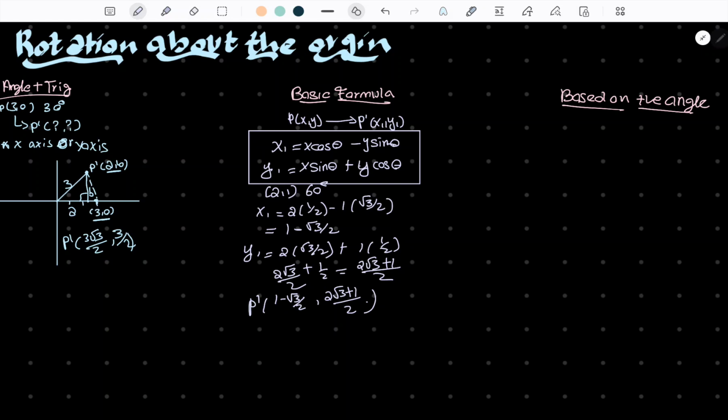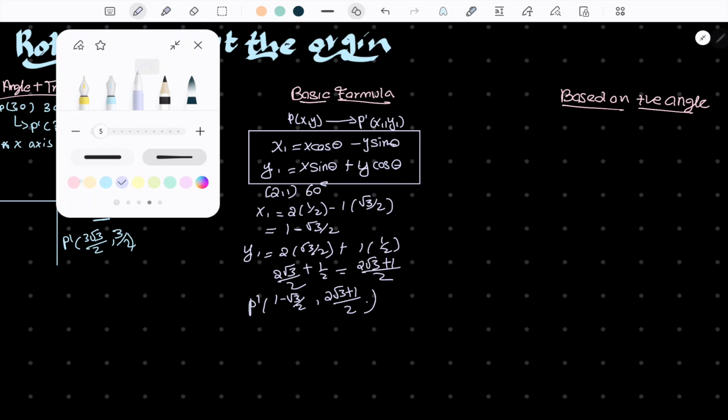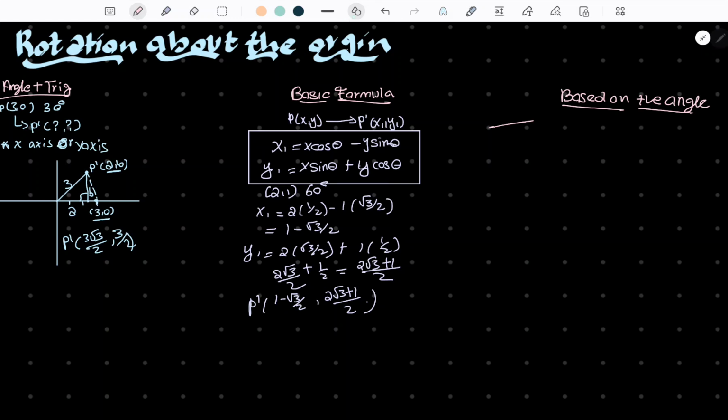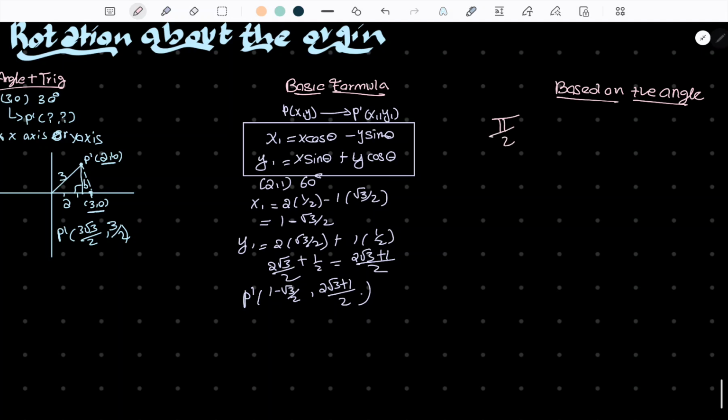So the next thing is based on the angle. So this also has its own limitations. So for example, if we're given pi over 2 or 90 degrees, then our values for x comma y are either going to be minus y comma x or y comma minus x.